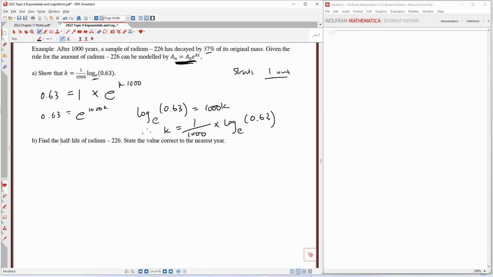Now we're going to find the half-life of radium. What is the half-life of radium? State the value correct to the nearest year. The first thing we'll do is write out our function.